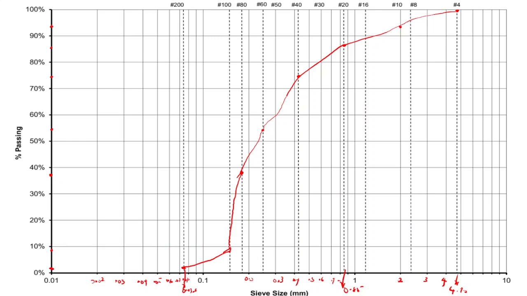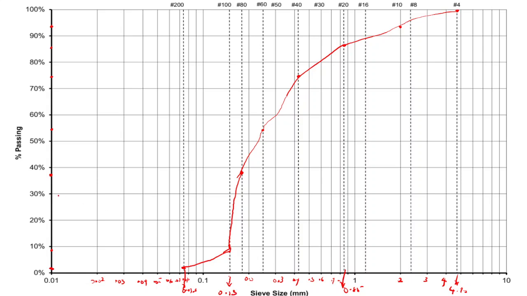So the point where 10% corresponds to this curve is this. The sieve size there is 0.15.